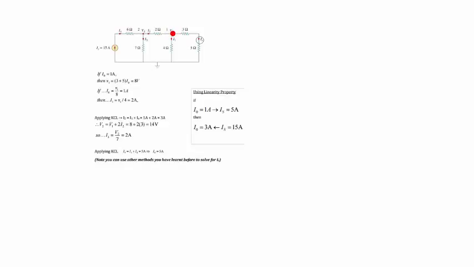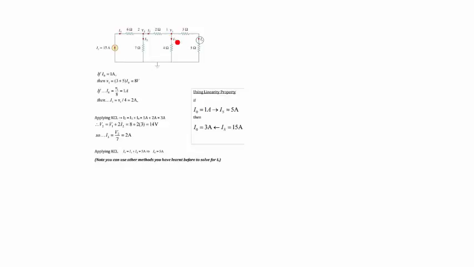So if I0 is 1, we will be able to get the voltage across this node, V2, because V is equal to IR. Whatever the voltage is across this branch will be the same across the other branch. So to find the voltage here, we have assumed that the current is 1. So V is equal to IR, and we get our voltage as 8 volts. Now we have the voltage and the resistor here, so we can find the current.